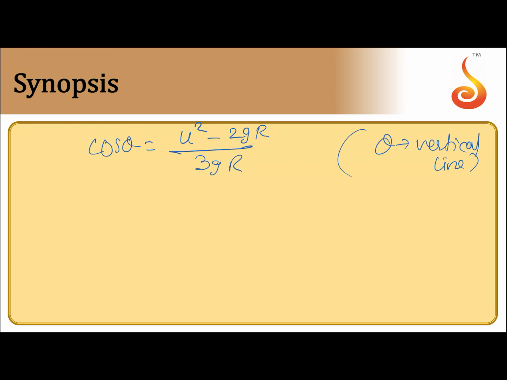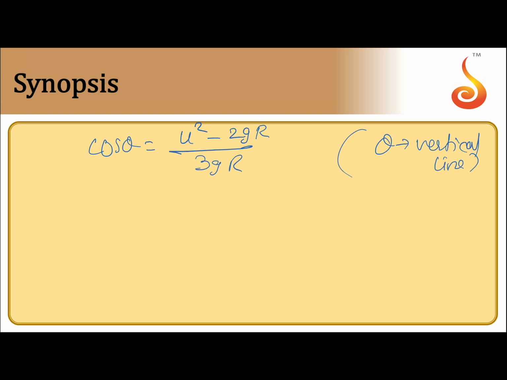So remember this result. The angle at which it loses the vertical circle is given by cos theta equals u square minus 2gr divided by 3gr. So depending on the value of u, you can find it out.